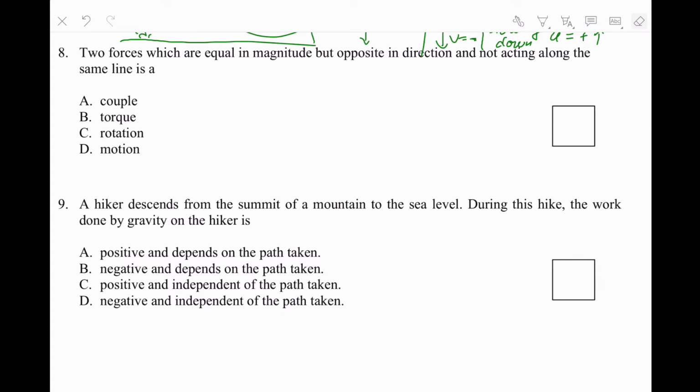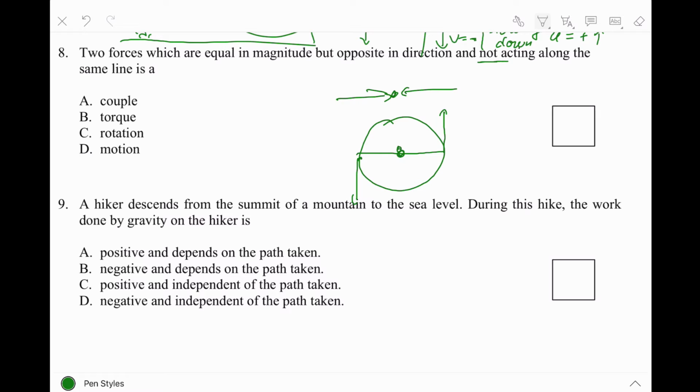Two forces which are equal in magnitude but opposite in direction acting along. Now, of course, you can have two forces acting along the same line, so they cancel out. But say, for example, this is your steering wheel, you put your right hand here and your left hand here, so they are not acting on a straight line.